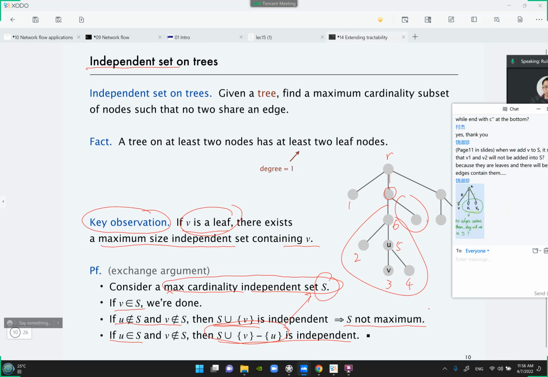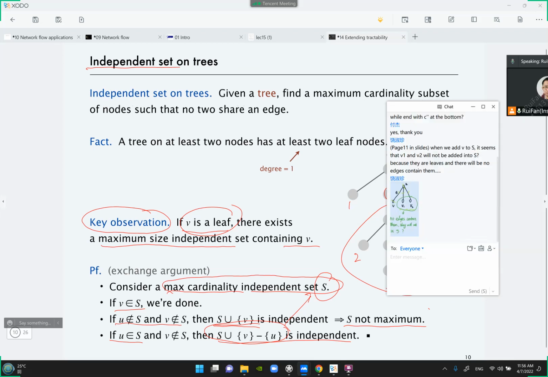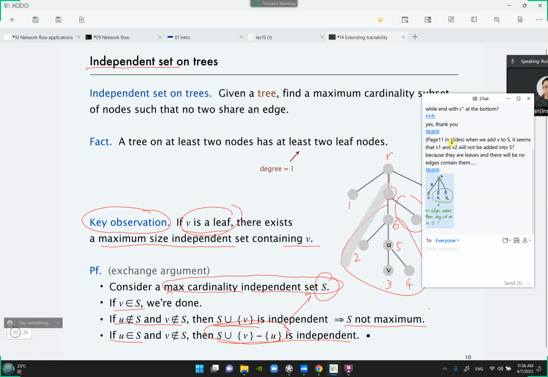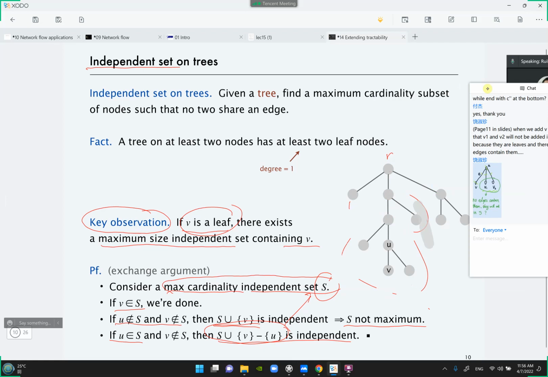Let me read your question more carefully. You added V. So if you add, let's say, this node, then you're going to take out the U and all the adjacent edges, and eventually you will add this other node. So in your example, later on I will add V1 and V2.